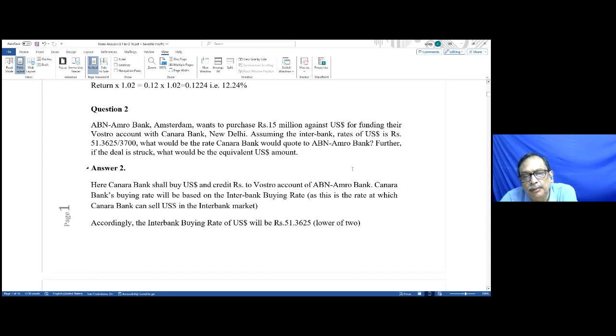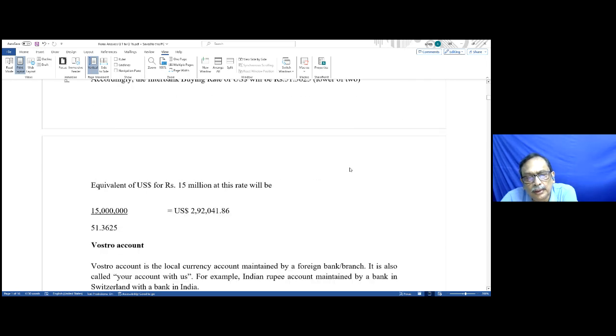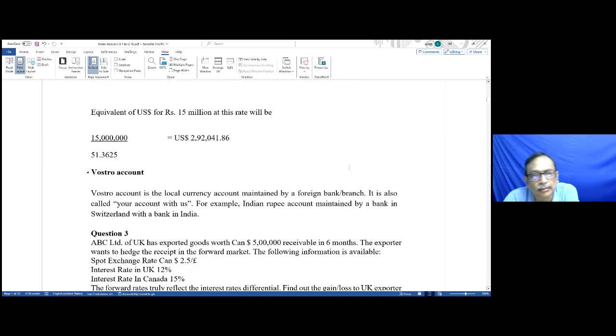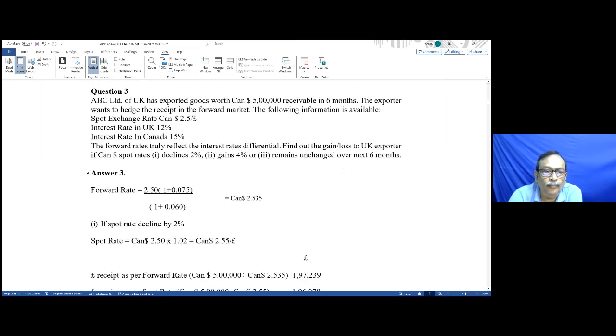And what would be the equivalent US dollar amount? It will be 15 million divided by the exchange rate, that is the bid rate, 51.3625. Then the total dollar amount comes to 292,041.86 approximately.